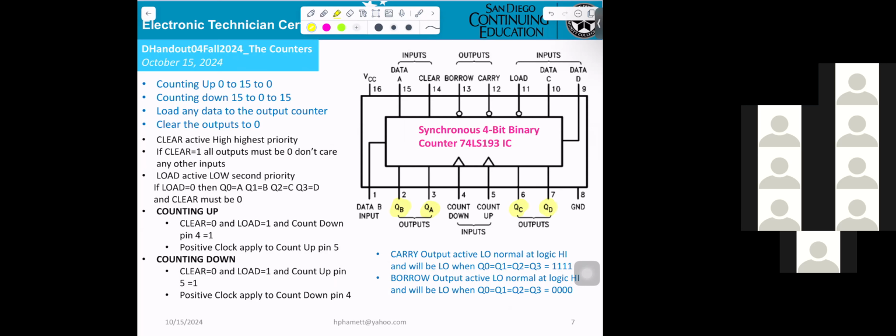Four outputs. And this counter can count down or count up. If it has 4 outputs, that means inside it has 4 flip-flops. So if you count up, you can count from 0 to what? 15. Perfect. If you're counting down, you count from 15 to 0.